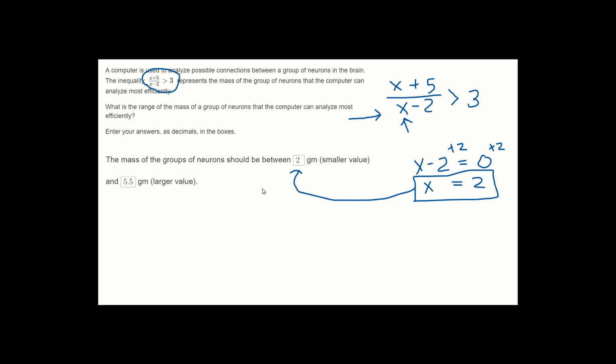Now for the numerator, it's going to be a little bit different. I'm going to move to the bottom. We're going to follow through with the work that we did together. x plus 5 over x minus 2 is greater than 3. So what you did correctly is move the 3 over to the left to get it together with this fraction, x plus 5 over x minus 2 minus 3 is greater than 0.